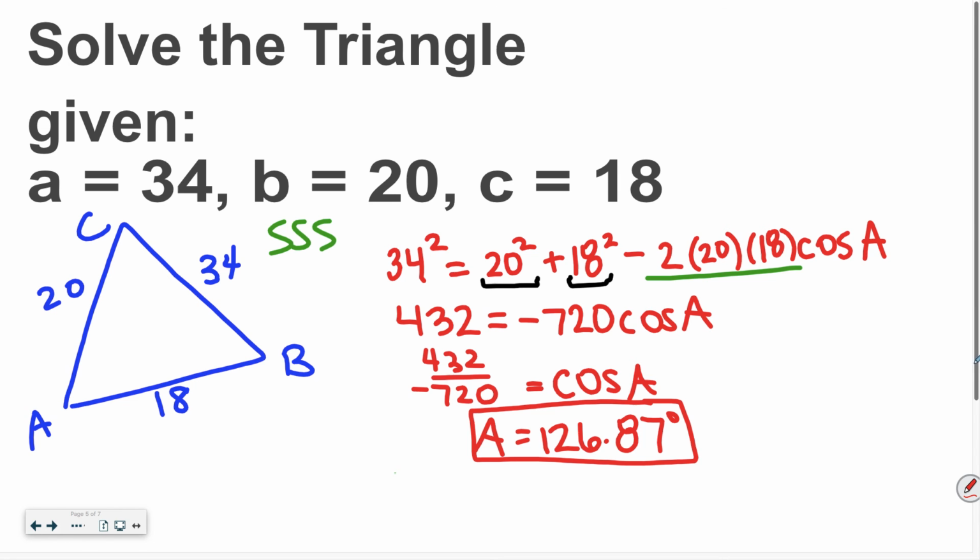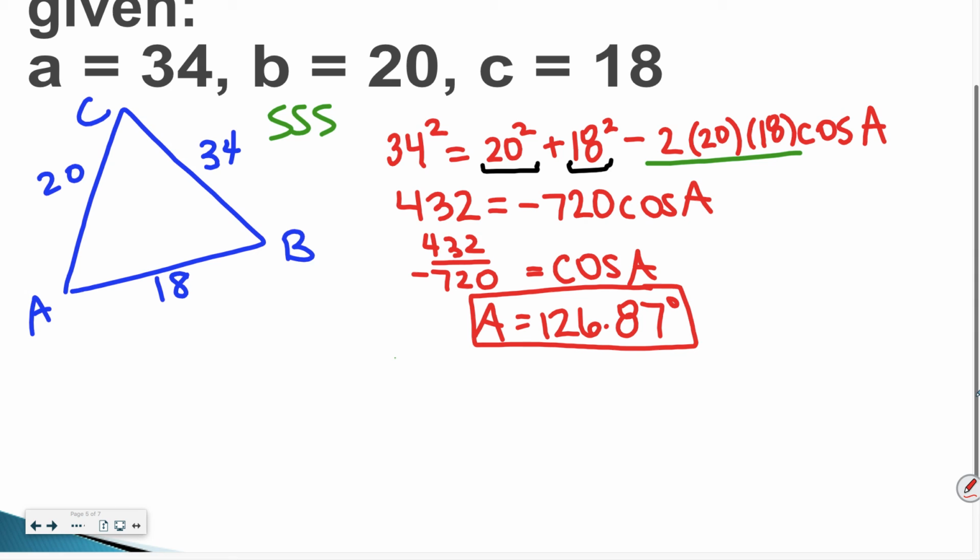Do you understand what I mean when I say that the law of cosines formula is just a little bit more intricate? We have to be a little bit more careful. So if you don't feel like doing this 2 times to find 2 of your 3 angles, I understand. At this point, now that we know angle A, we have enough information to use the law of sines to help us with the rest. And since we have found our obtuse angle, we don't have to worry about which angle we're finding. Max, which angle do you want to find next?